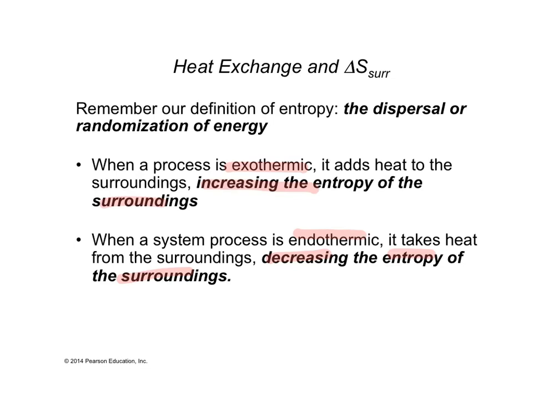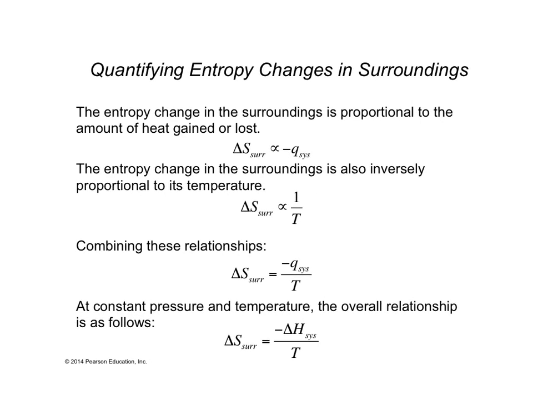We can actually quantify the change in entropy of the surroundings given the change in enthalpy of the system. So we know that the entropy change of the surroundings is going to be directly proportional to the heat released by the system, okay? It's also going to be the negative of that, so we're going to change the sign here because, again, if the heat is released by the system, it's going to be absorbed by the surroundings, which is going to make that positive.